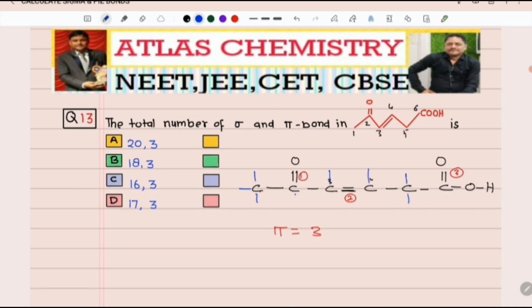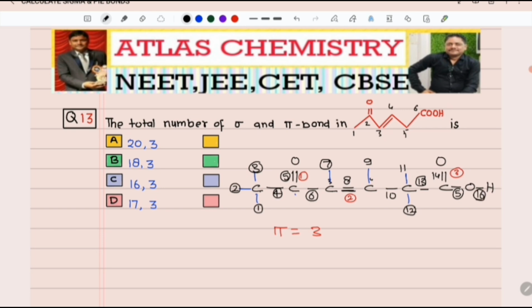So now we have to count the total number of sigma bonds. So 1, 2, 3, 4, 5, 6, 7, 8, 9, 10, 11, 12, 13, 14, 15, 16.